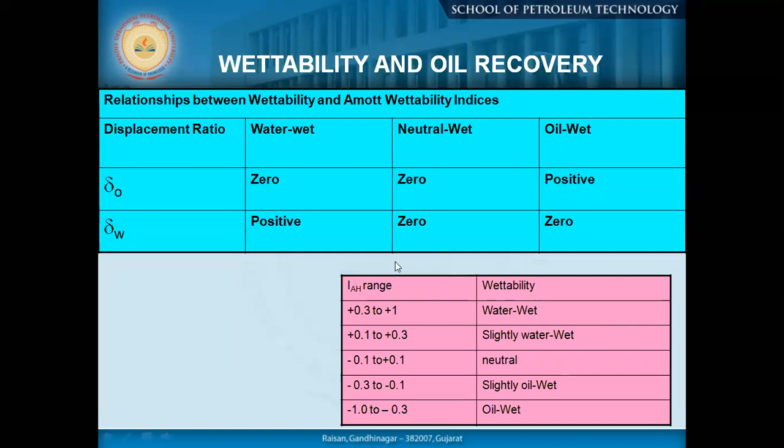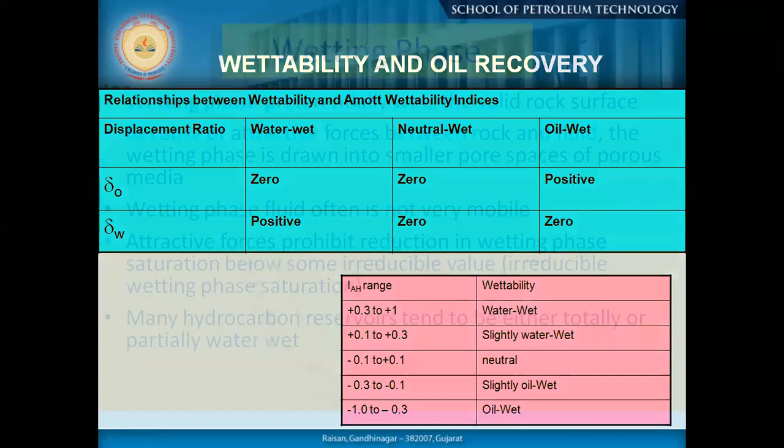Okay, so you can see when you have neutral wettability, both cases are 0, but when water wet, displacement by water will be positive, spontaneous displacement, and in the case of oil wet it is positive for oil. These values are the physical values, the volume, and they give us the different types of values.